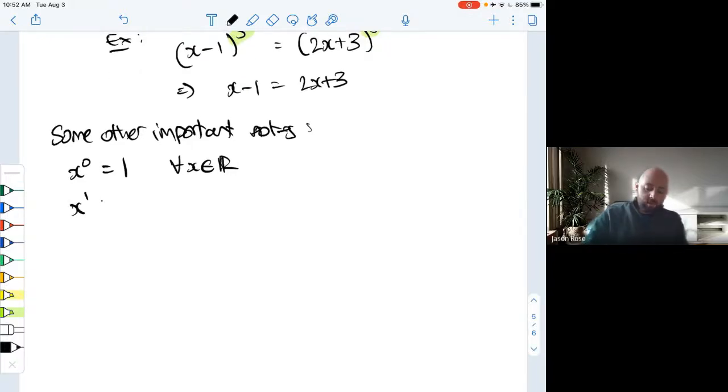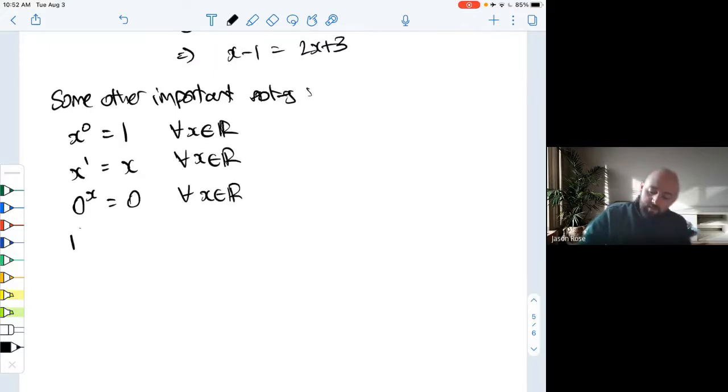X to the power of 1 is always just going to be equal to x. 0 to the power of x is equal to 0 for all x. And also 1 to the power of x is always just going to be equal to 1 for all x in the reals.